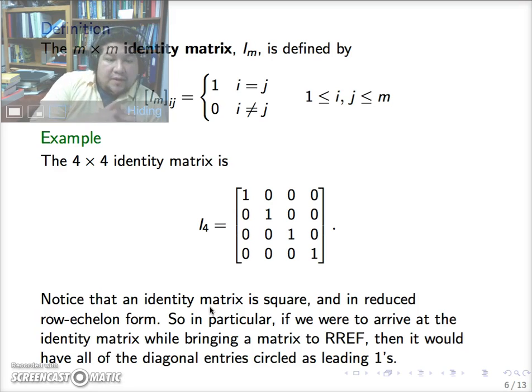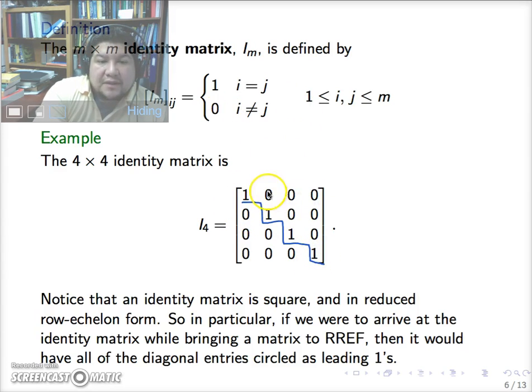A new definition that we introduce at this time is the definition of the identity matrix. In the calculations of reduced row echelon form, we had seen part of the structure that is very peculiar, very characteristic of this matrix.